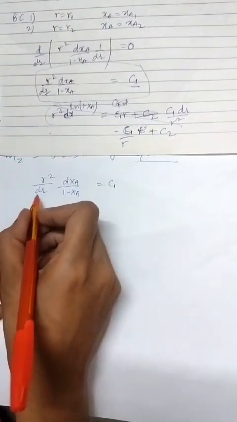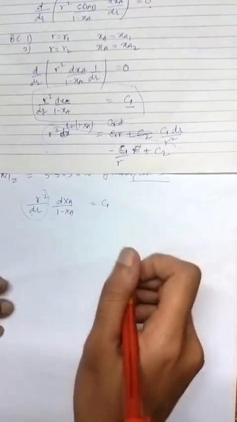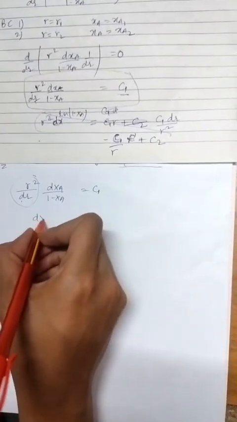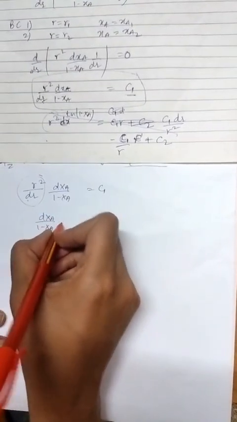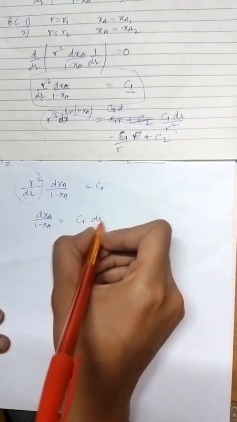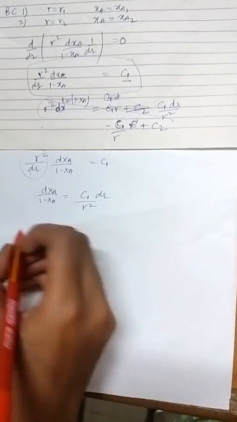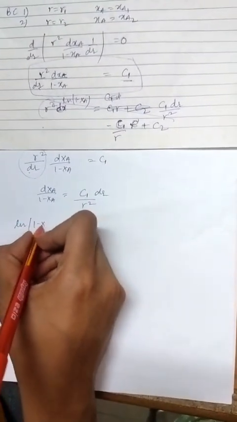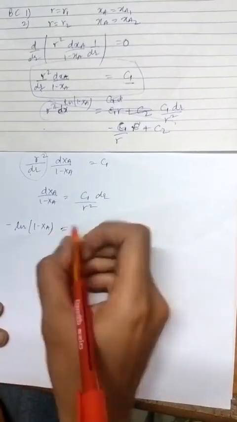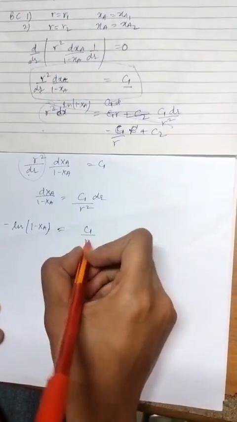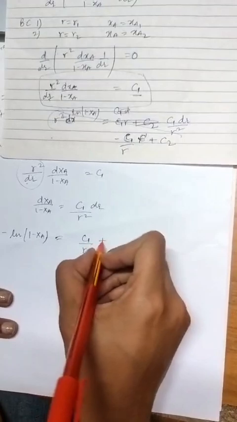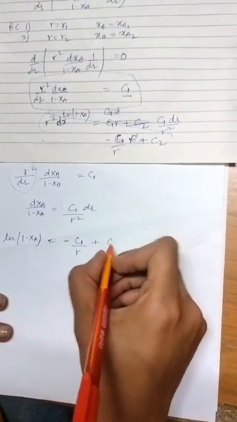Now moving this term to the right hand side, we get dXA upon 1 minus XA equals C1 dr upon r square. Integrating both sides, we get minus ln of 1 minus XA equals minus C1 upon r plus C2.